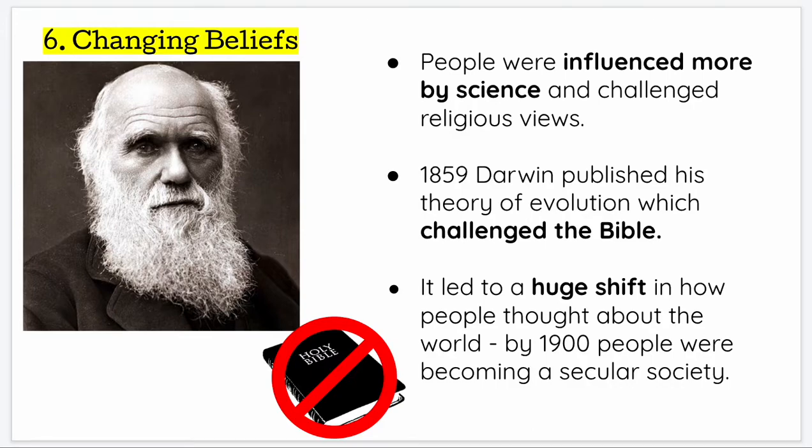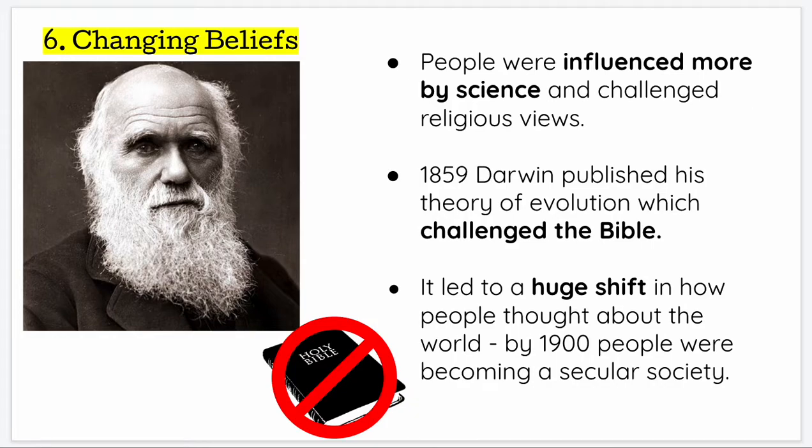He published his book on evolution, The Origin of Species. Darwin's theory of evolution challenged the story of creation found in the Bible. It led to a huge shift in the way people understood the world. By the end of the 19th century, many people in Britain believed that science had disproved Christianity.